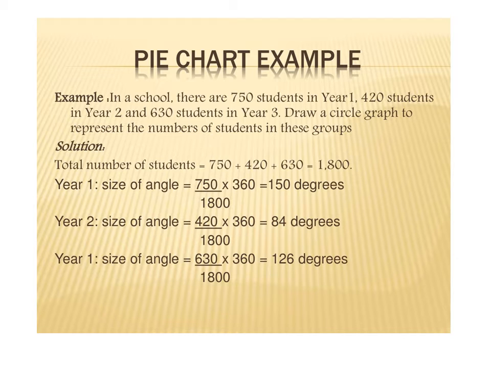In year 2, the size of the angle is 420 upon 1800 multiplied by 360, which is equal to 84 degrees. In year 3, the size of the angle is 630 upon 1800 multiplied by 360. After solving it, we get 126 degrees. So by this method, we find the central angle for each year.